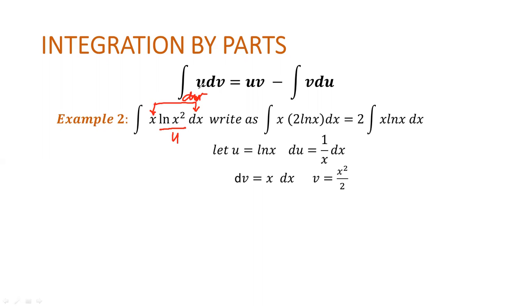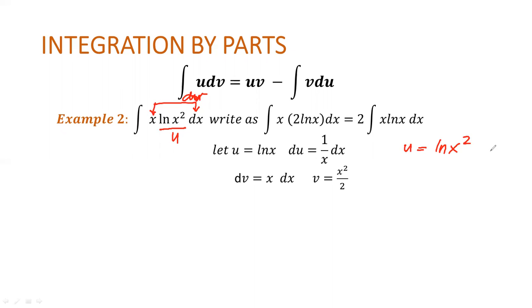Okay? u and dv. If you have u as ln of x squared, then you will have, let's place here, u is equal to ln of x squared.